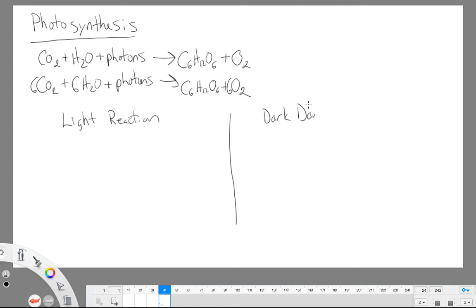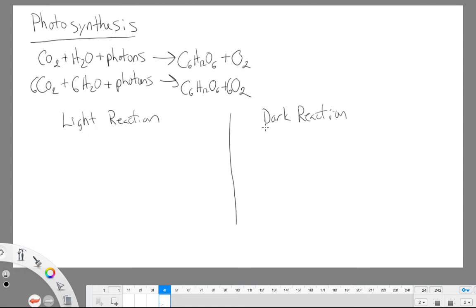Now, dark reaction is actually not the best name because this is called light reaction because it requires those photons, that light energy.